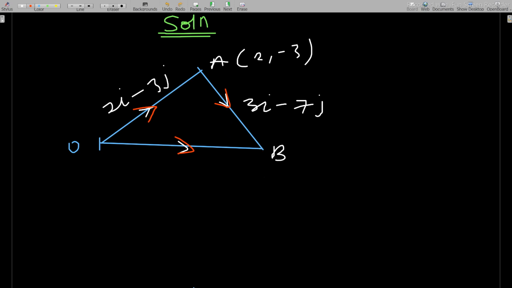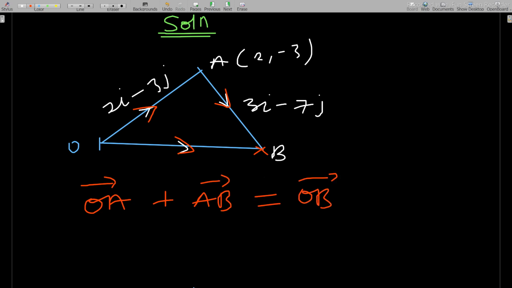It means that if I add vector OA plus AB, it should be equal to OB.